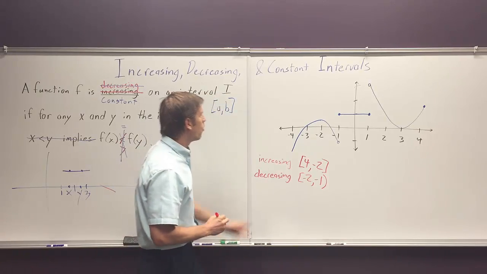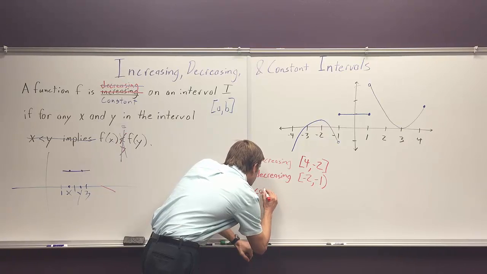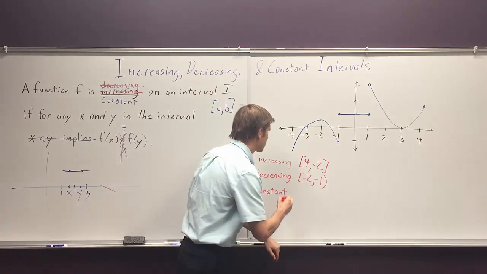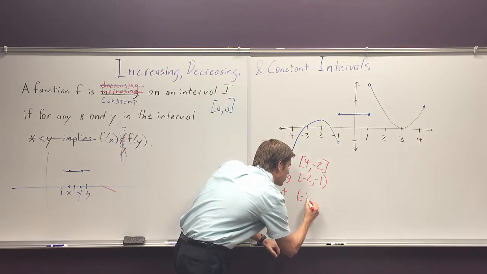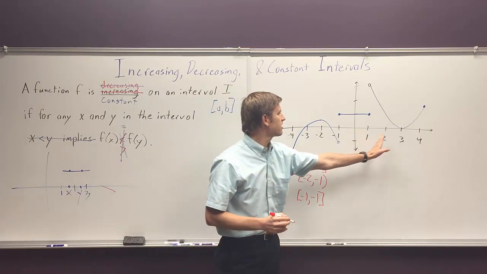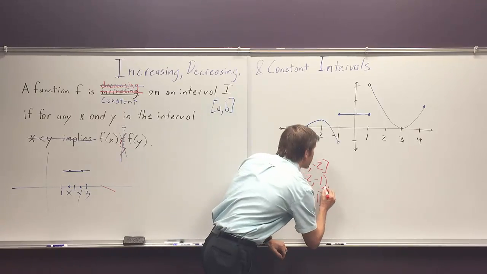Now, what happens from -1 to 1? Well, the function is constant. So again, you probably know it's constant there. The question is just how do you communicate that in the language of math? Now, again, from 1 to 3, the function is decreasing.